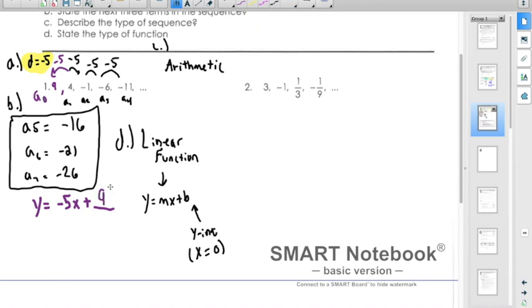So my function would look like y equals negative 5x plus 9. But I want to actually write it as subscript notation, which would look like a sub n. This is the way we should always write subscript notation. A sub n equals negative 5n plus 9.